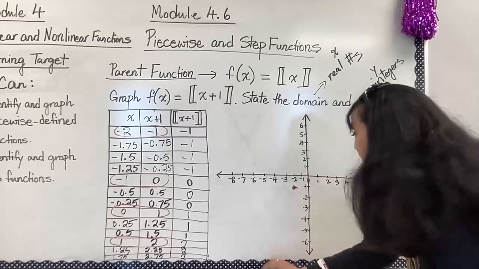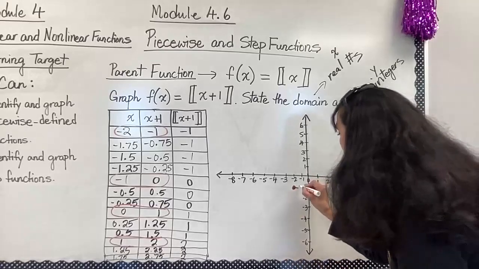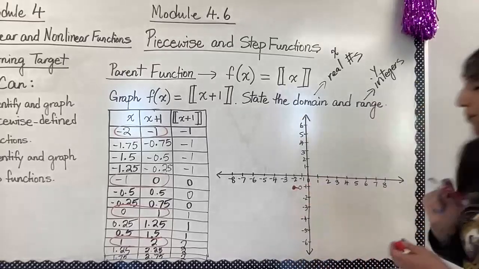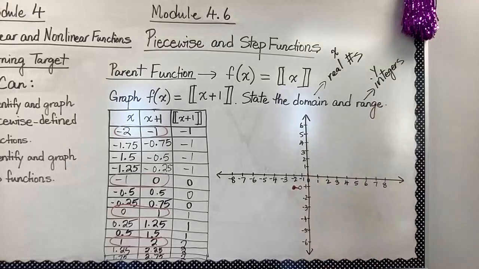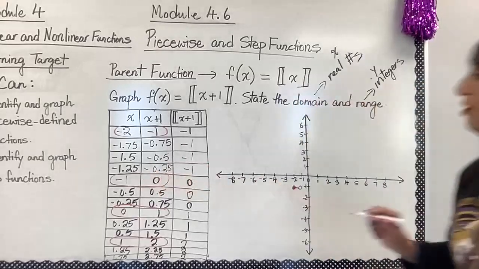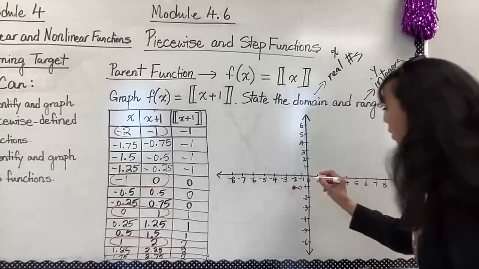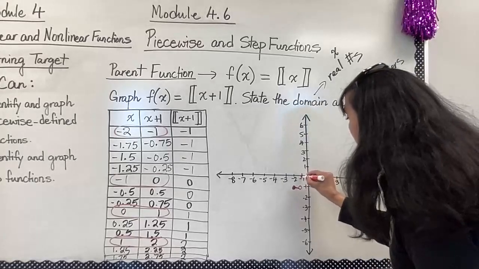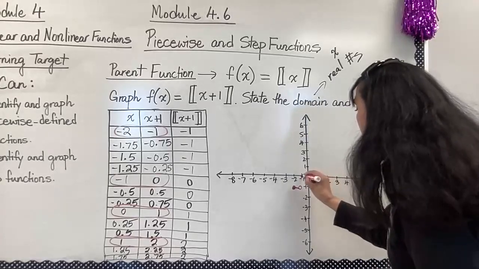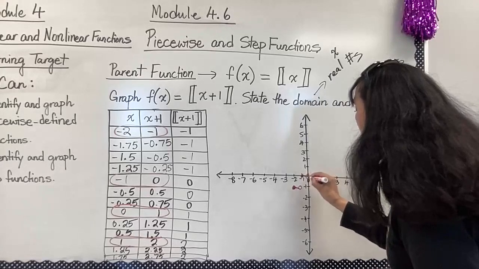Okay, that's an open circle. Here, open circle. There we go. And then we continue with this, and then we have -1, 0. So -1 is going to be my closed circle here, and 0 is my open circle.